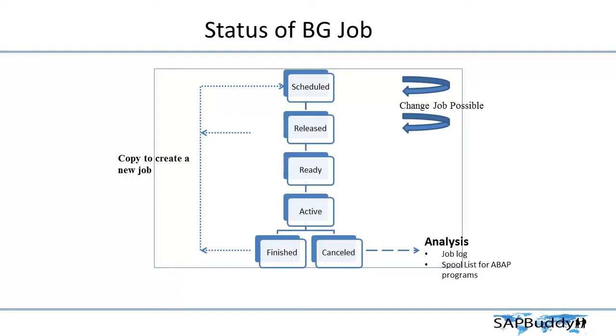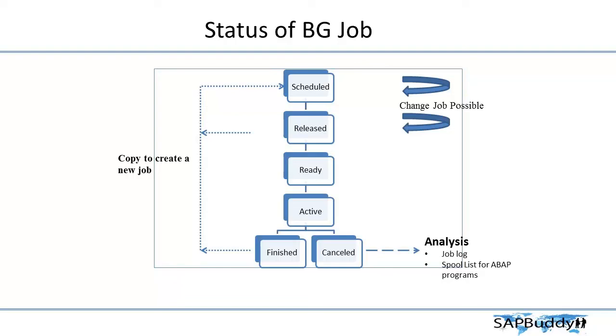Then you go back and modify this copied job and specify the starting condition, and it will come to the released stage. If the job is in released stage, you can also copy it and make a new job based on what you have selected. But in other stages you cannot do that. In cancelled also you can do that.